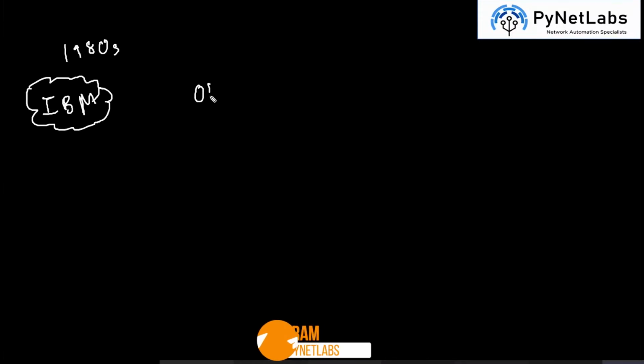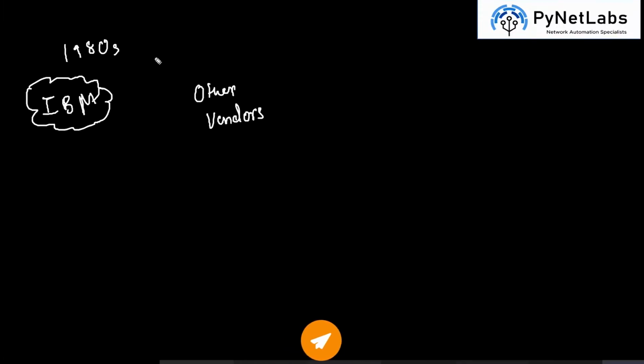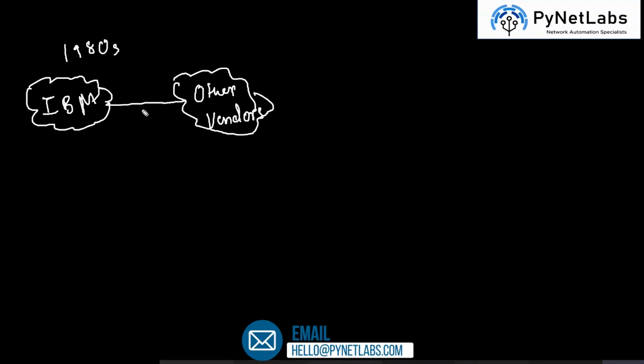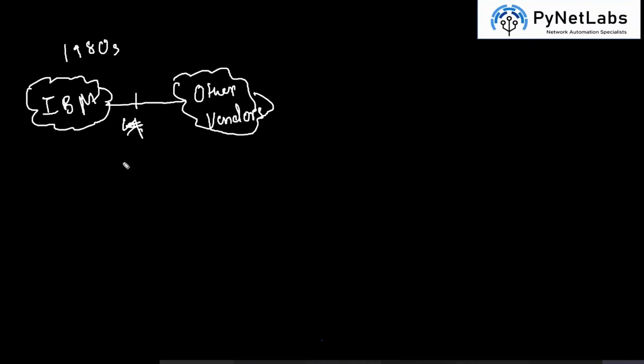Then there were other vendors with their own networking models, and they were connected like this, which was a really complex task. This was really complex, to connect devices of one vendor with another vendor.